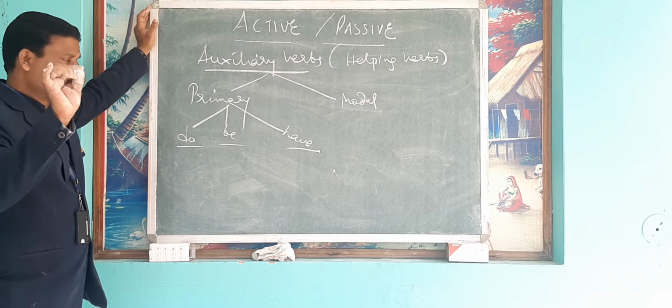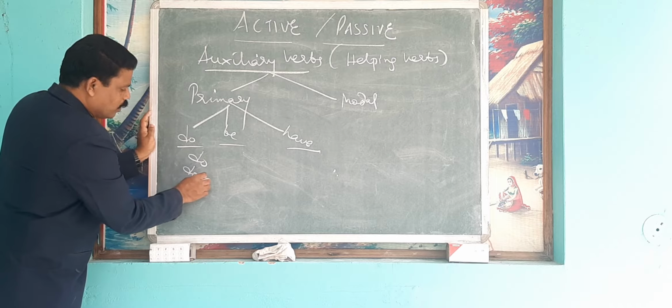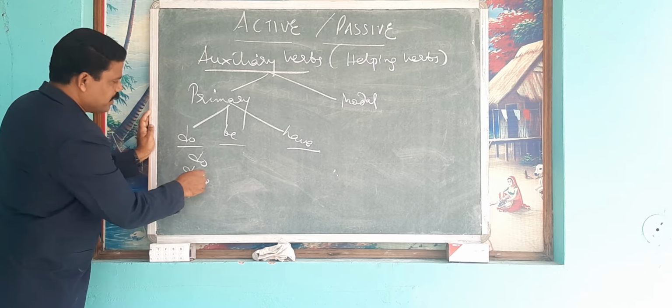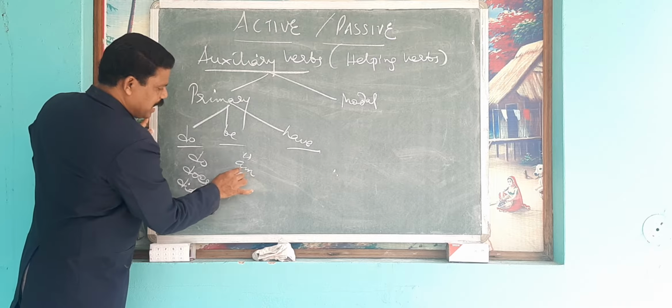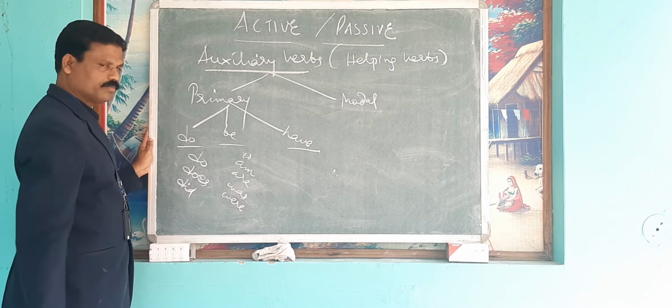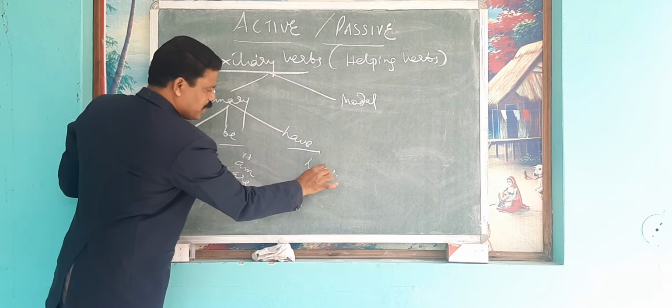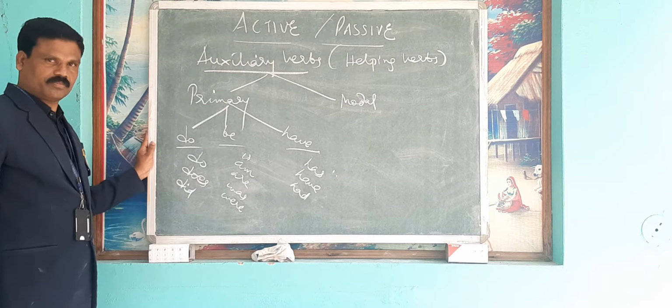The auxiliary verbs which come under the category of do: do, does and did. Be: is, are, was, were. Have: has, have and had.